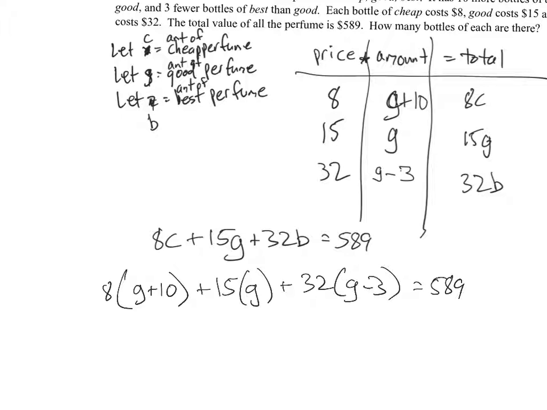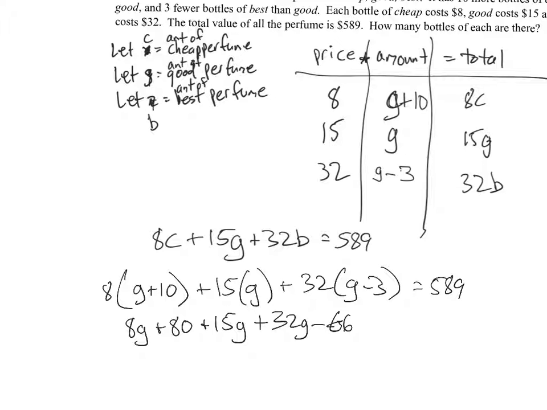Then you can solve this out. This ends up being 8G plus 80 plus 15G plus 32G minus, what is it, 32 times 3 is 66.